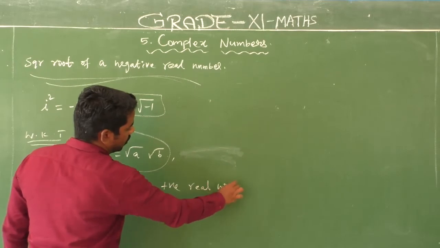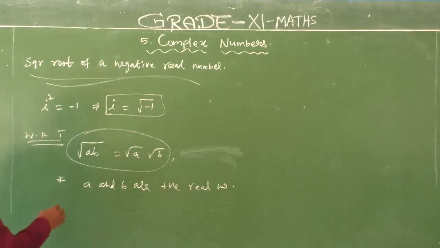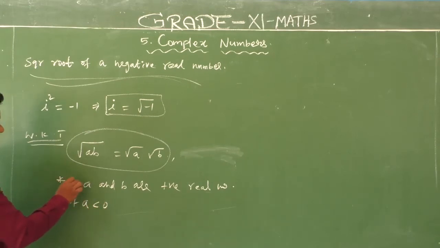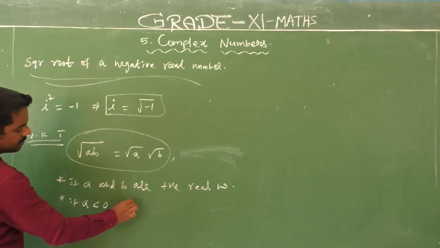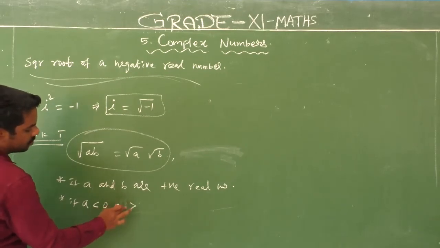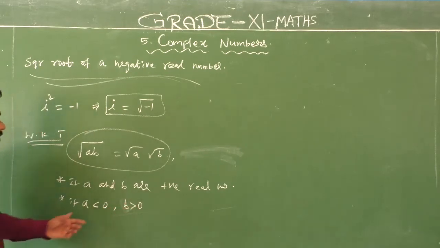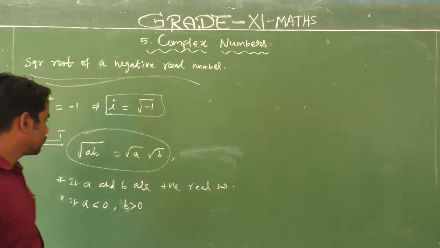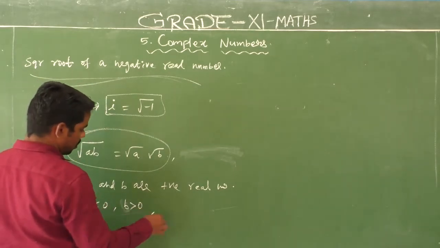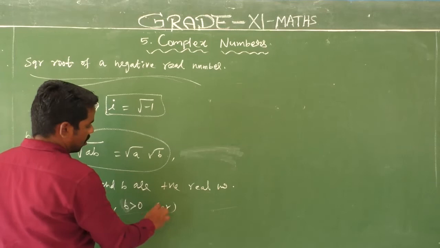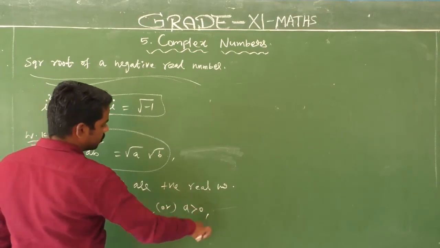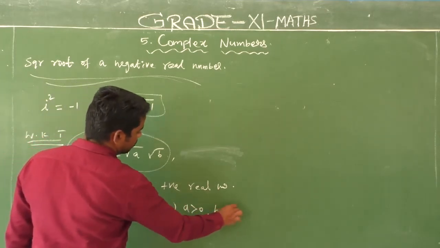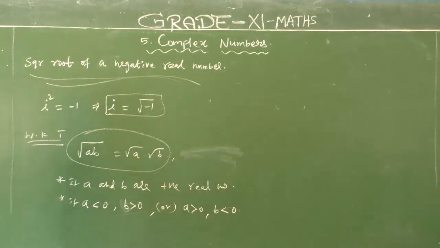It is also true if A is less than 0 and B is greater than 0, where A is negative and B is positive, or A is greater than 0 and B is less than 0, that is, A is positive and B is negative.